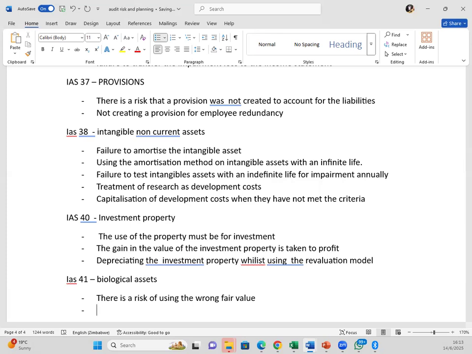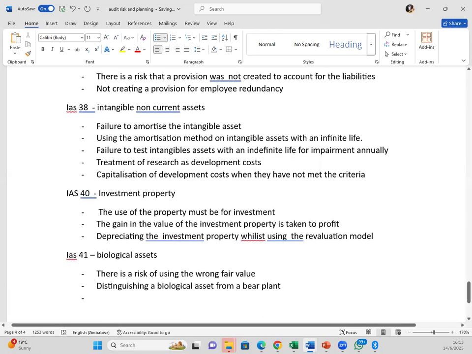So there's a problem of distinguishing a biological asset from a bearer plant. If it's a bearer plant, you treat it using IAS 16, not IAS 41. You don't record it at fair value, but you use the IAS 16 procedures.